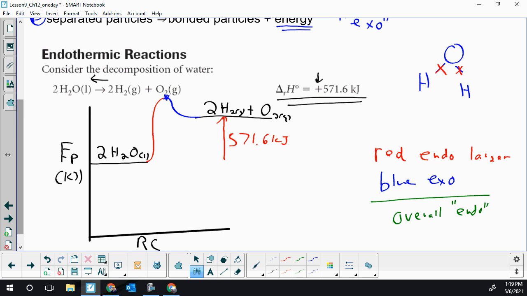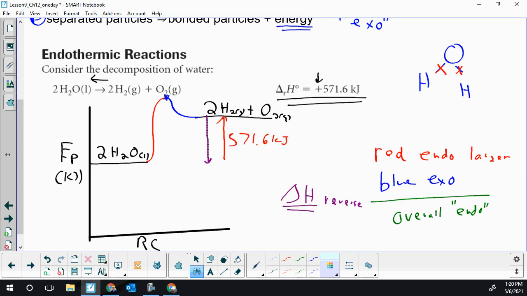We can think of what would happen and what our values would be if this reaction went the other way. What if we started with hydrogen and oxygen and made water in reverse? Well, that would be starting with our products and going backwards. So what would the change in enthalpy be for the reverse? Well, that would be starting again at our products, going back to the reactants.